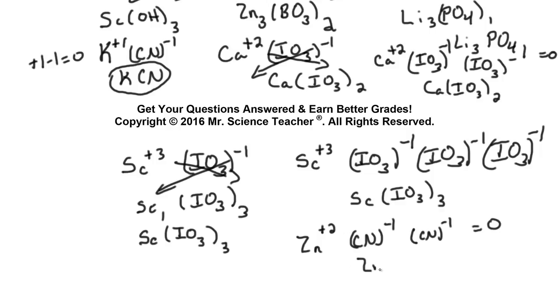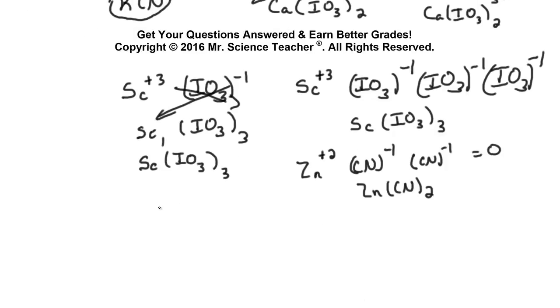So I'm going to have zinc and a CN, and I have two of them. Zinc cyanide is the formula. I could have also done it this way where I have zinc +2, cyanide CN -1, play the crisscross game, and I get Zn(CN)2, zinc cyanide.